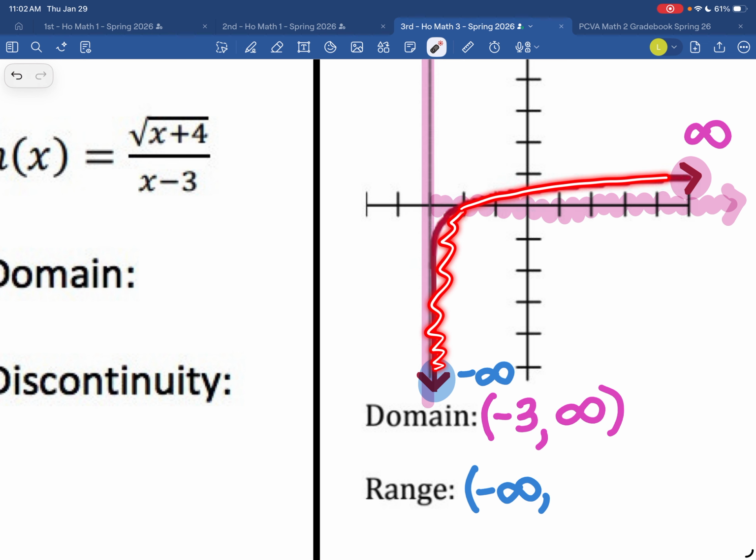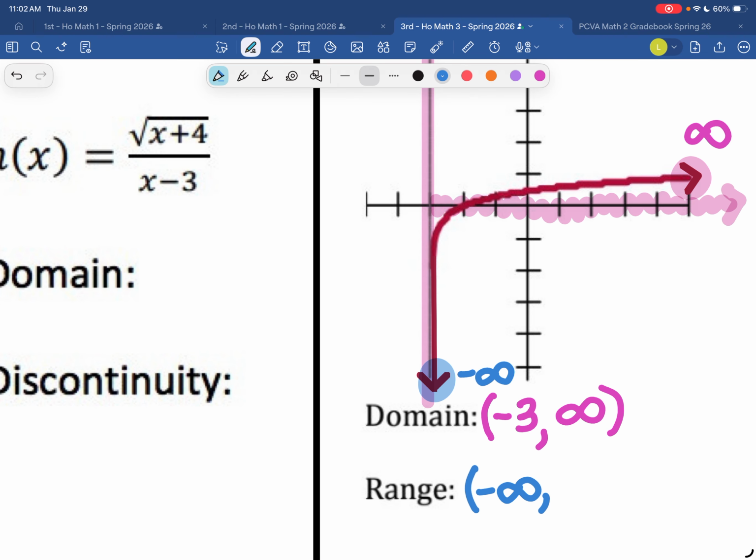Now, I know that this is going to the right, but even though it's going to the right, it's still going to keep increasing. It's not going to be a fast increase, but it is going to continue to increase to the right. So that means that as it goes to the right, it's going to keep going up to positive infinity as well. So my range here is from negative infinity to positive infinity.